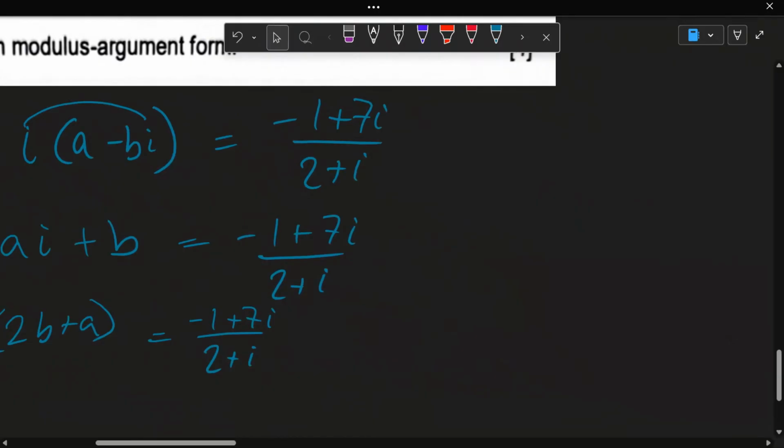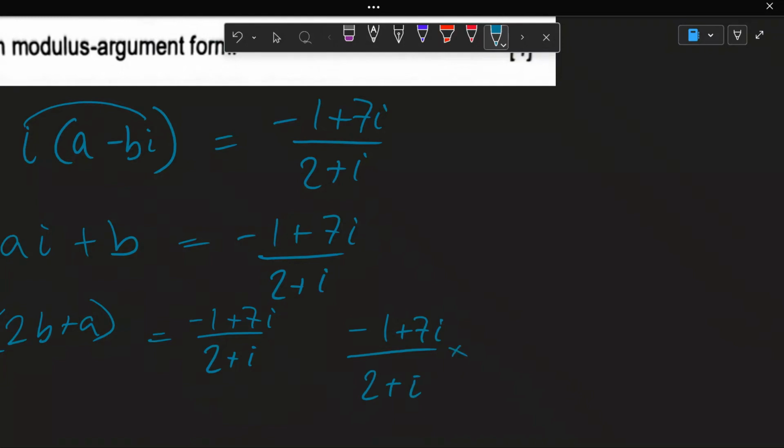Actually, to get this into an easy to use format, I think it would be good to realize this formula, which is something I haven't actually covered. The process for this is just similar to rationalizing surds. Minus 1 plus 7i over 2 plus i, times, like we have in surds, you'd reverse this sign, so it'll be 2 minus i up here.